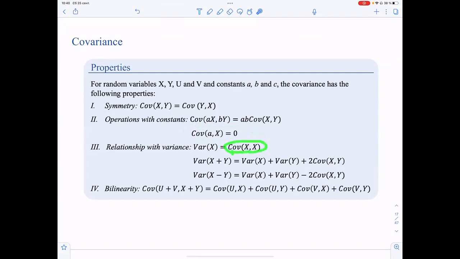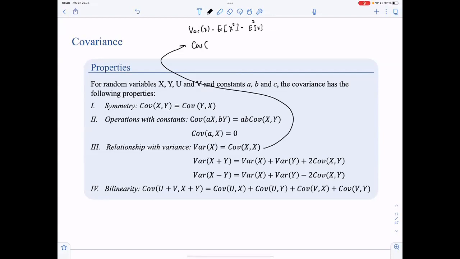The covariance of x with itself is a variance, as I just told you, but this is pretty easy to prove. Variance is an expectation of x squared minus a squared value of the expectation, if you recall.